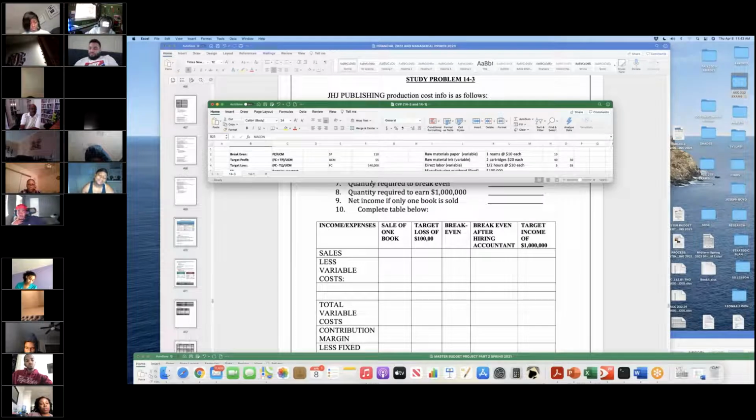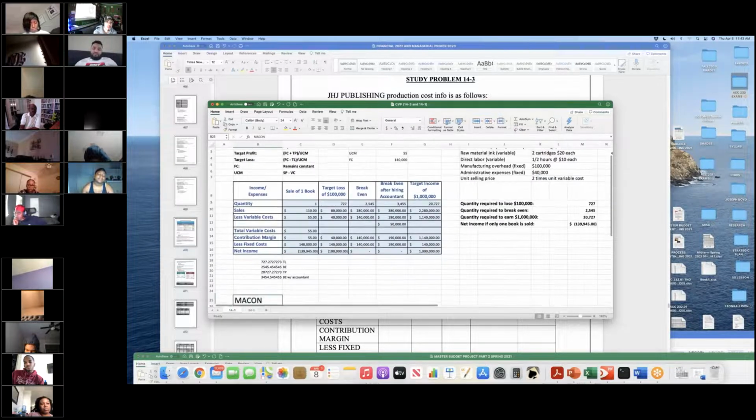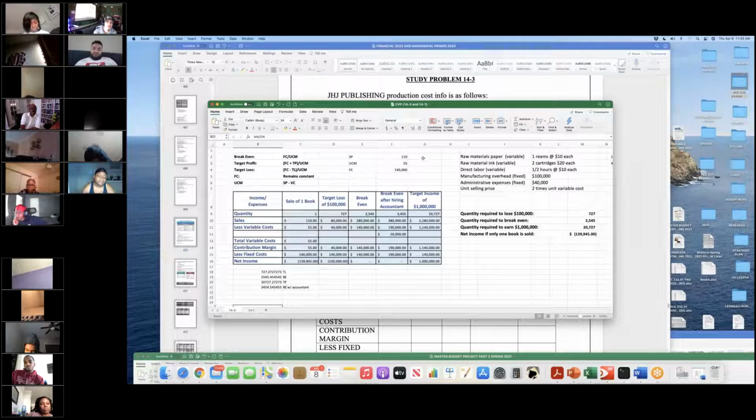Let's look at what we have here. If you had a different assumption. So she said 1 ream at $10, 2 cartridges at 20 each is 40, so she had 50. Her direct labor was 5, so she had $55. So her costs were $55, and the selling price would be twice that, 110.